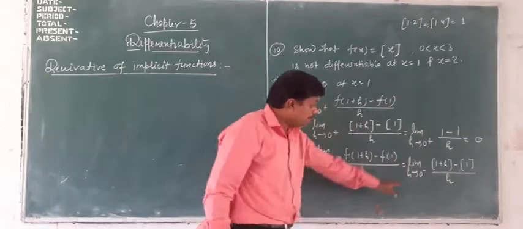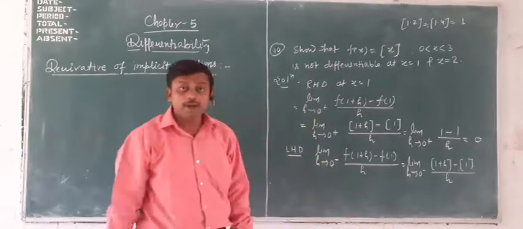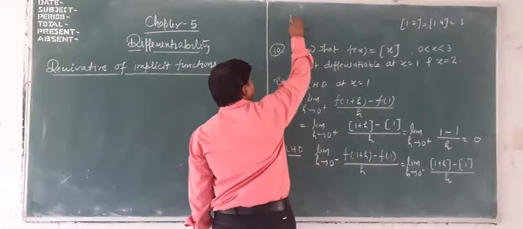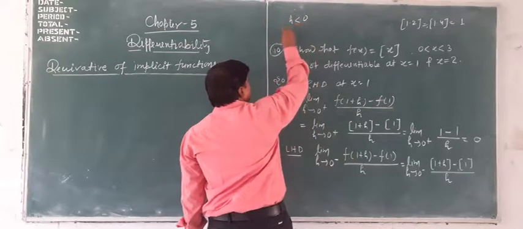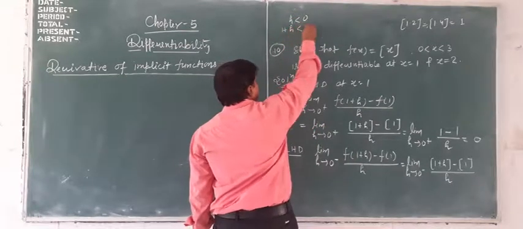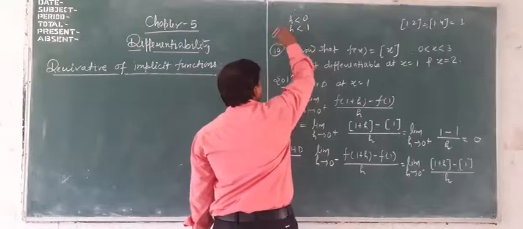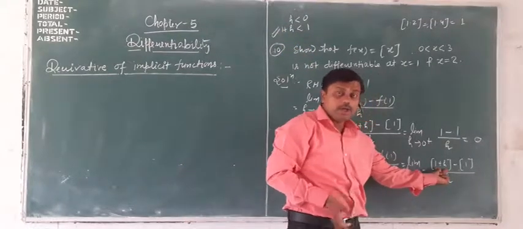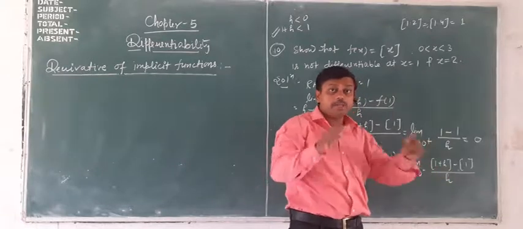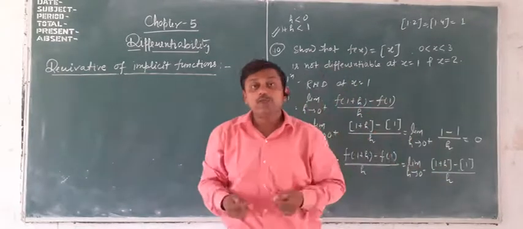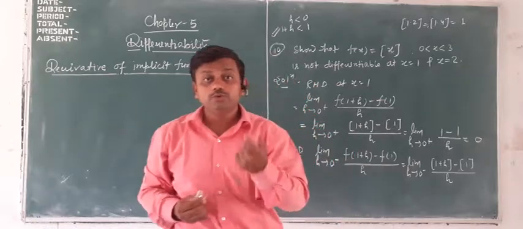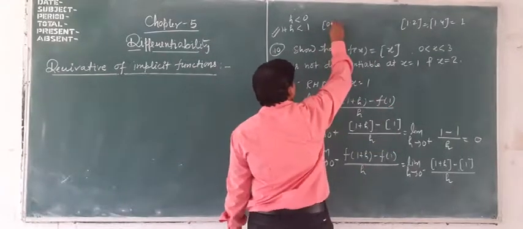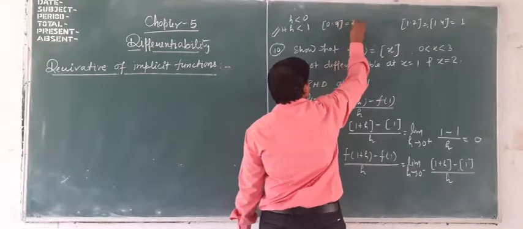Here h is tending to 0 minus, it means h is less than 0. So 1 plus h is less than 1. The greatest integer of any value less than 1 is equal to 0. Suppose the greatest integer of 0.9, its value is 0.